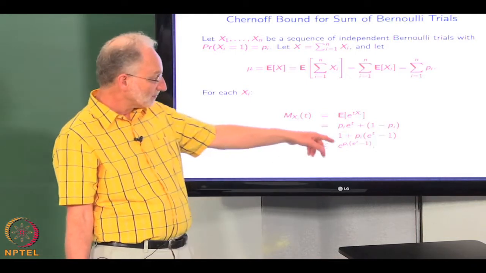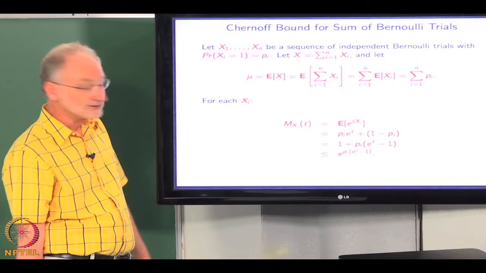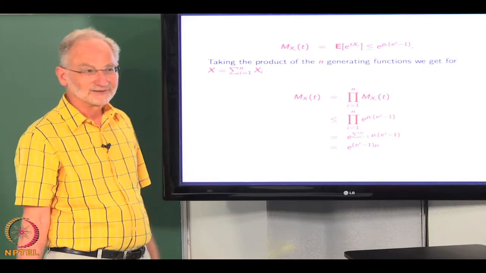Now we do some manipulation, and it's bounded by e^(pi(e^t - 1)). So now I have a bound for the moment generating function of each of the Xi's. I take the product of them, and I get a bound for the sum. Throughout this talk I'll skip the arithmetic and symbolic manipulation.